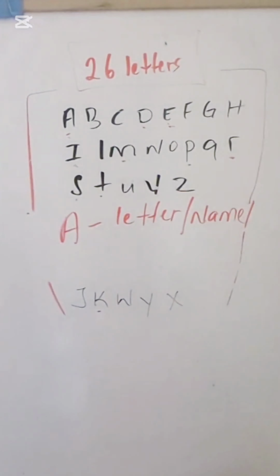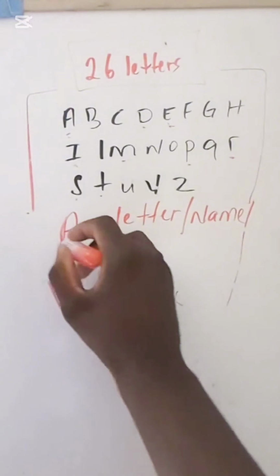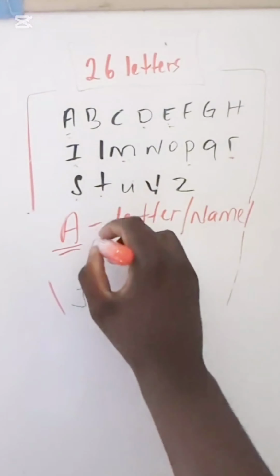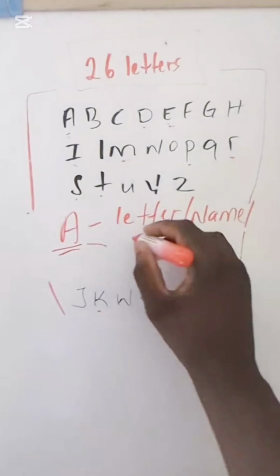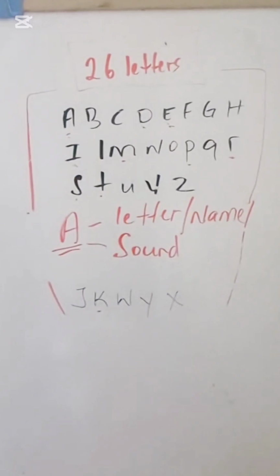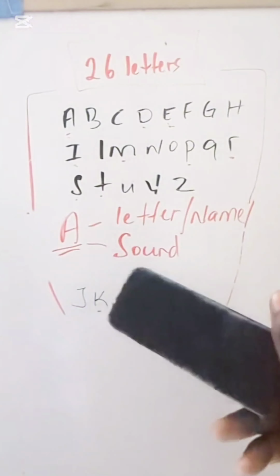See? It represents a name. It's the same name that you know this to be, which is A. But it's also two-faced, because on one side it has a name, but on the other side it makes a sound.